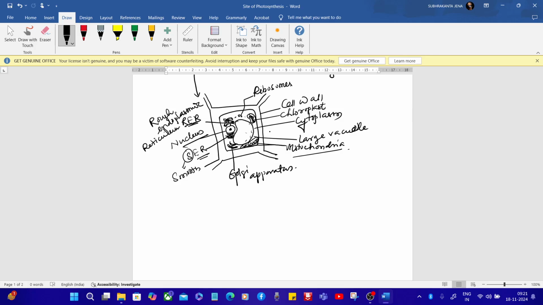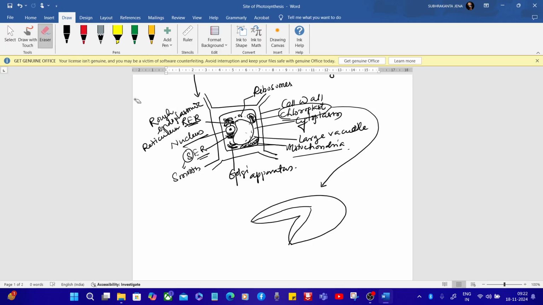And if you see the chloroplast, which is the cell organelle present inside the plant cell, these chloroplasts have some specialized structures inside, where photosynthesis occurs. If I draw the structure of the chloroplast, it will be something like this.